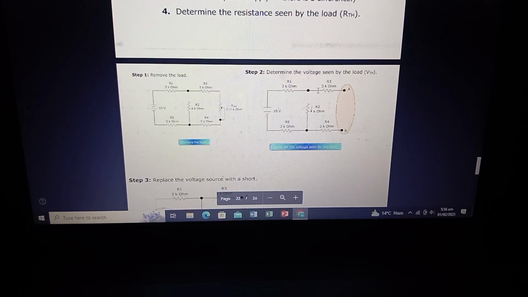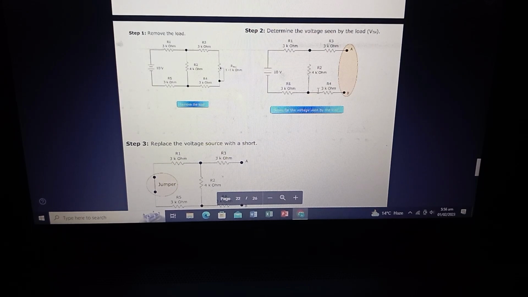Here we have a circuit. In step 1, remove the load resistance. In step 2, we determine the voltage seen by the load, which is V Thevenin, and then in step 3 replace the voltage source with a short.